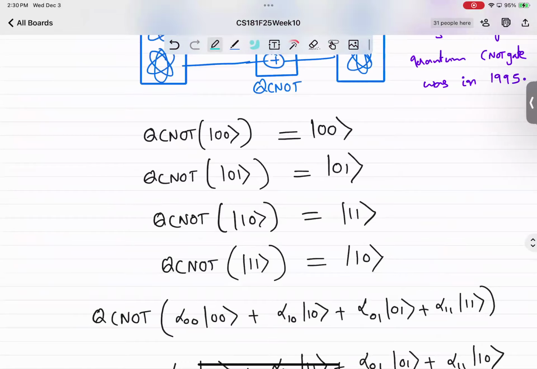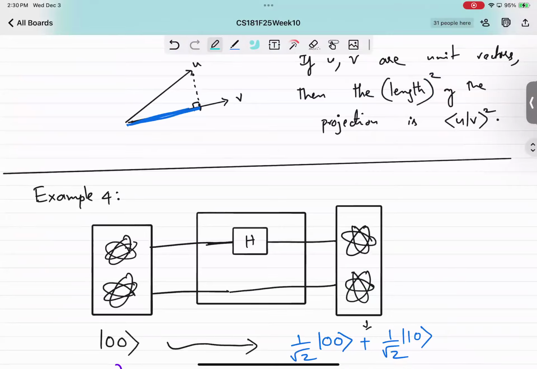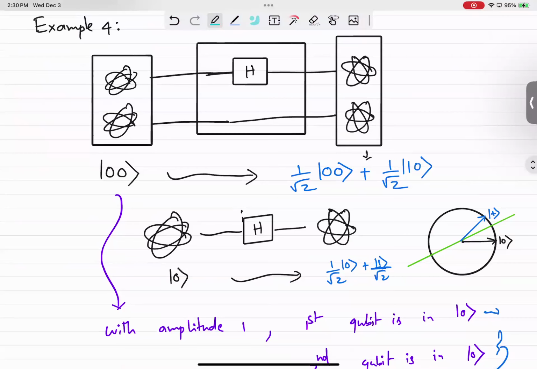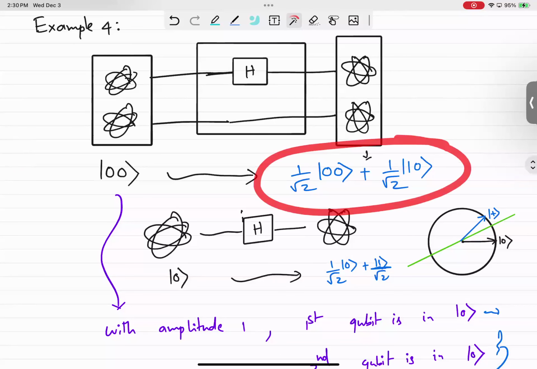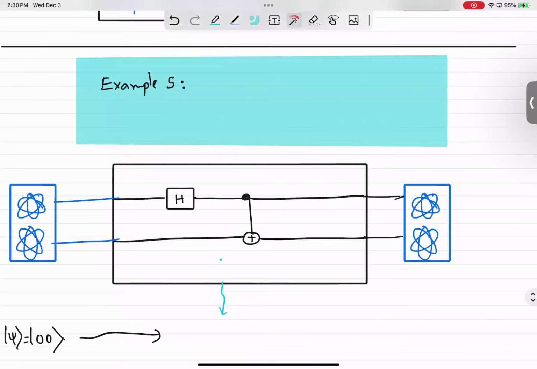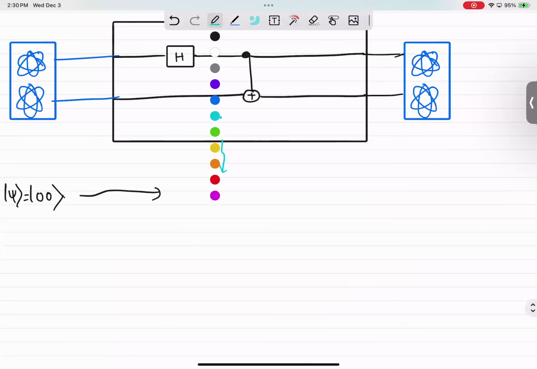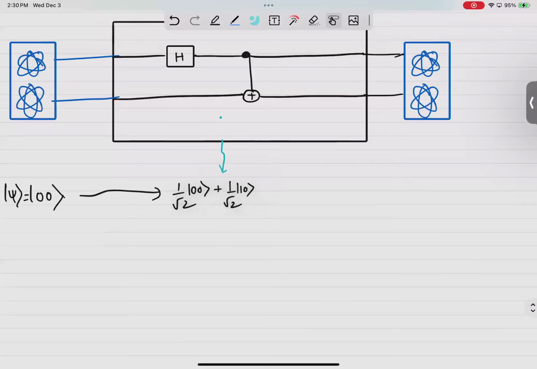We kind of already computed that. If I send in 0, 0 to the first Hadamard gate, I would get this particular state, right? So in this evolution, after the first gate, I end up in 0, 0 plus 1 over square root 2, 1, 0. Okay?